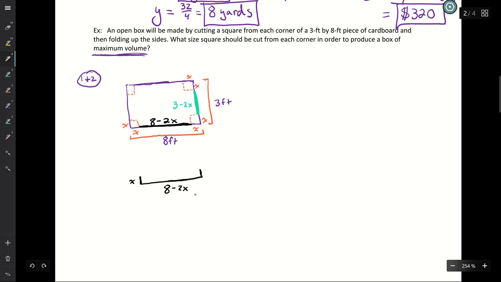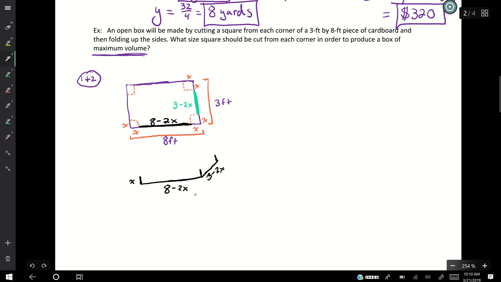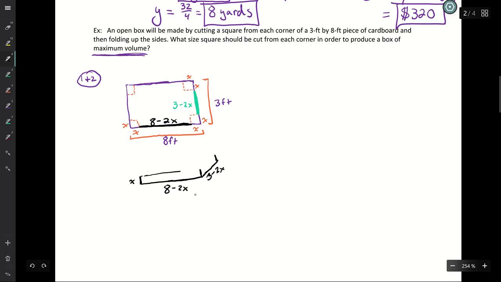And then if we go over and look at, and I'm just going to take this off to the side for a second, if we come over and look at the shorter side, then this is 3 minus 2x. Okay. And like I said, I'm a terrible drawer, so you're going to kind of have to imagine here. But we've got the idea of this box now, and we've got the dimensions for the box.